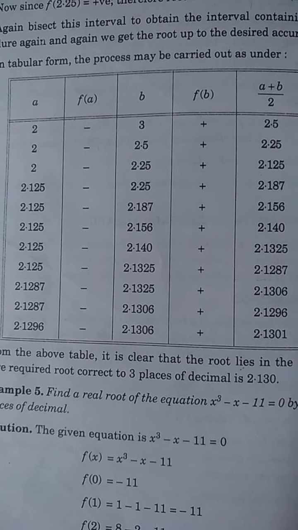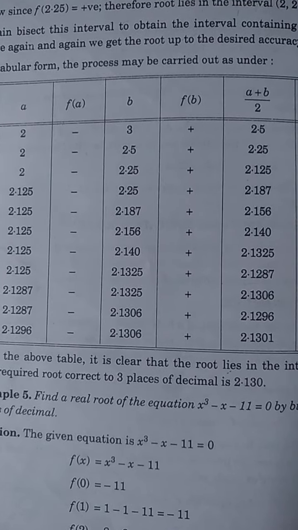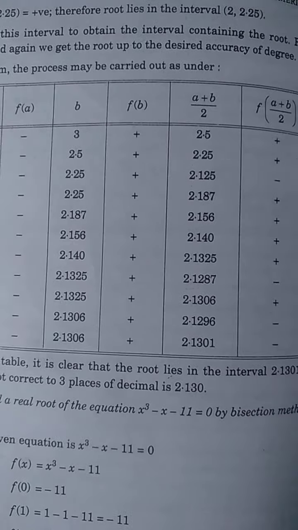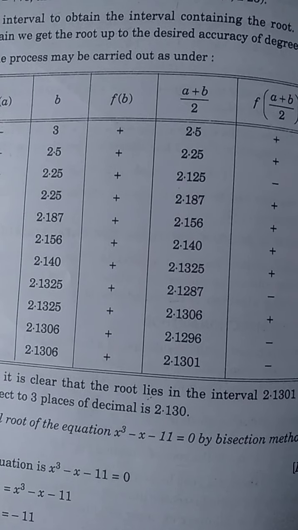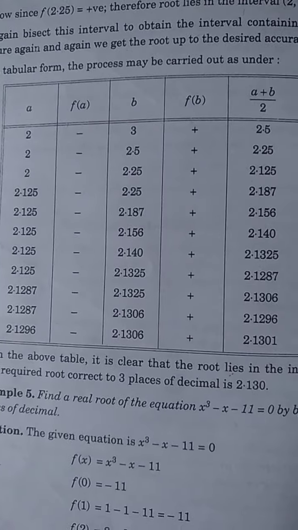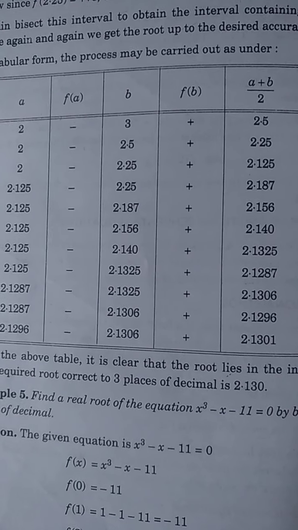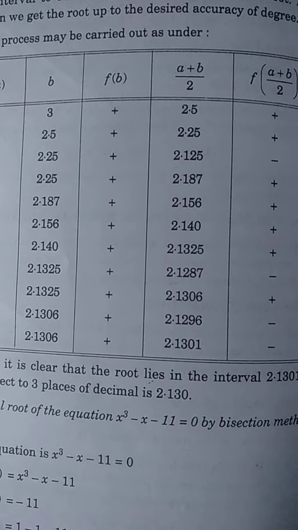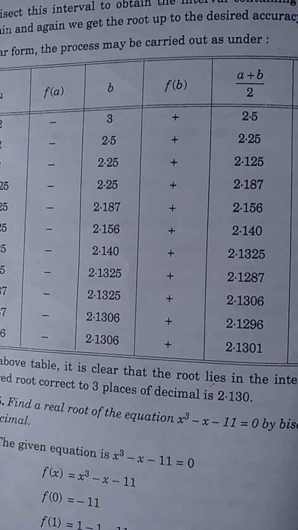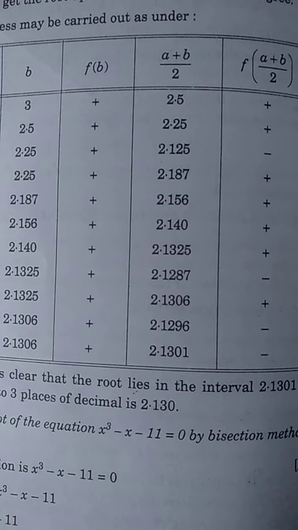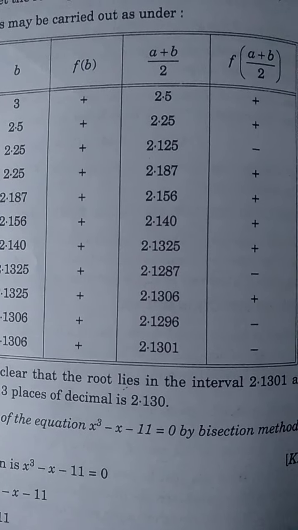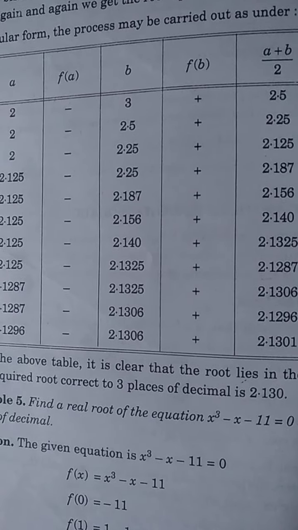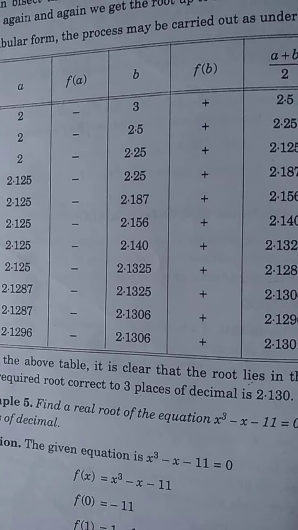First we take 2, f of a is negative; when we take 3, f of b is positive, and (a plus b) by 2 is 2.5, and f of (a plus b) by 2 in this expression is positive. Continue this process. 2 is negative, 2.5 is positive, and the mean of 2 and 2.5 comes out to 2.25. Again f of 2.25 is positive, so negative to positive, therefore the root lies between 2 and 2.25.